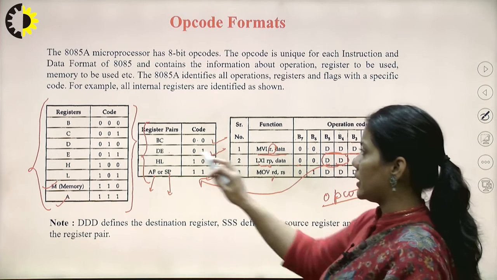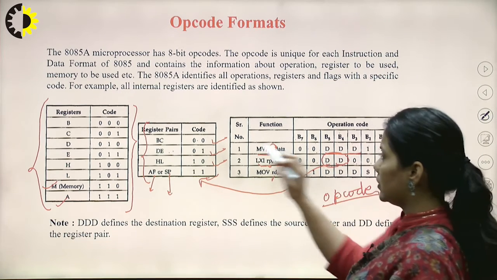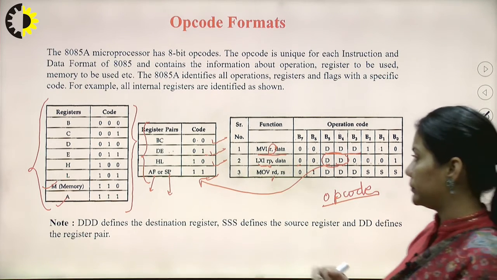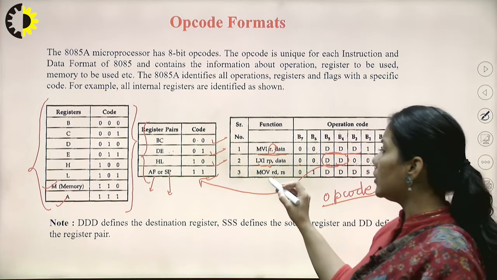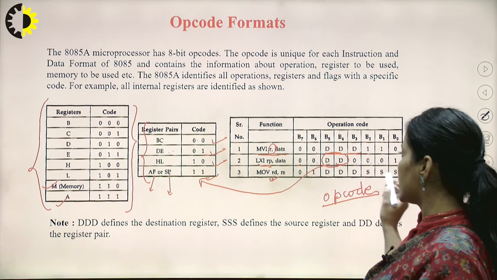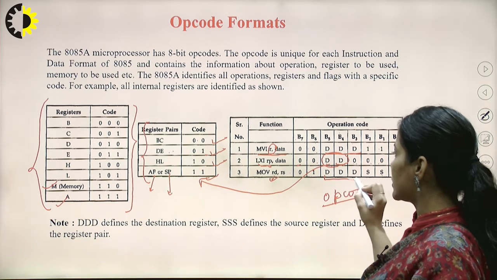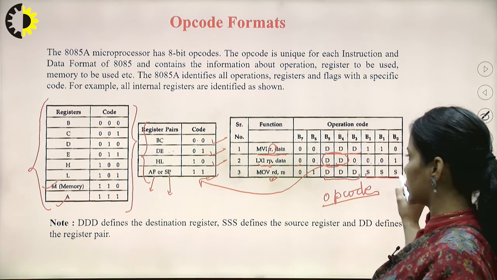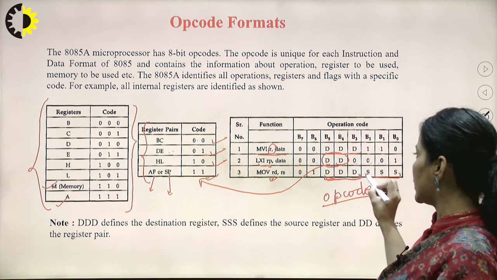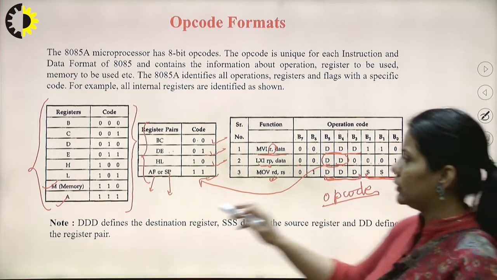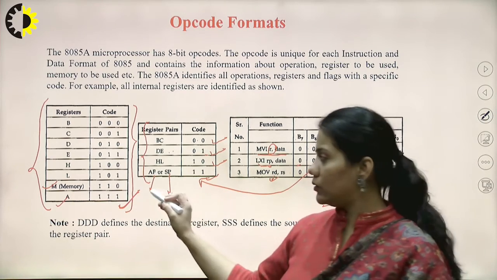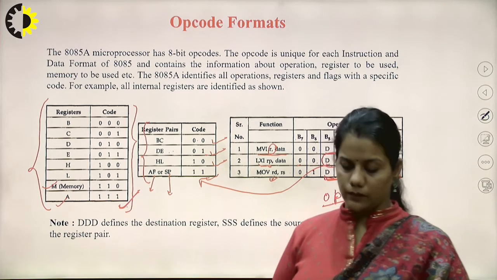If LXI D, then 01 will be here. Again, MOV Rd comma Rs is 01 DDD SSS, that is the destination register and the source register. These 3 bits and those 3 bits depend upon the registers used, and you can refer to this table for the data.